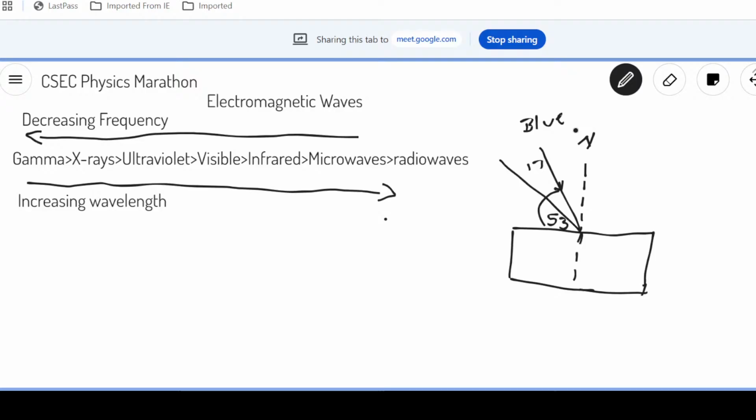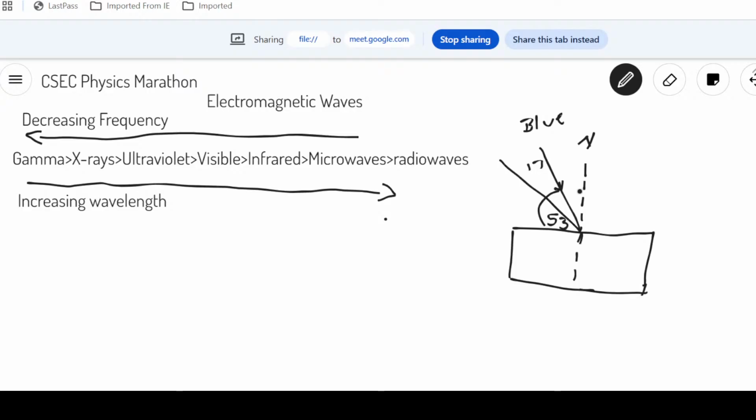This is geometry and trigonometry. The angle between the normal and the boundary is 90 degrees. So we can use the value of 53 and subtract it from 90, which would get 37, and that would be the remaining angle to the normal.